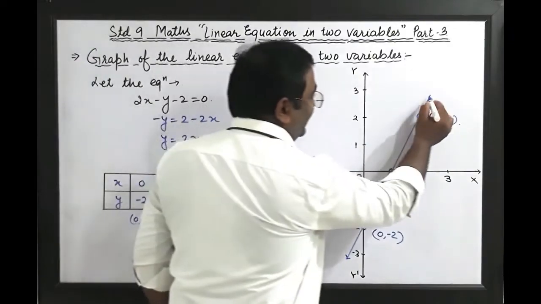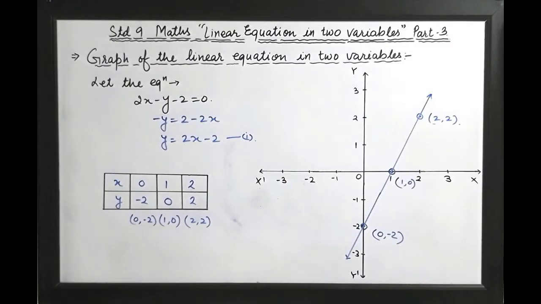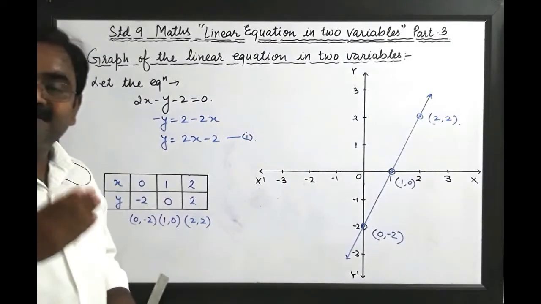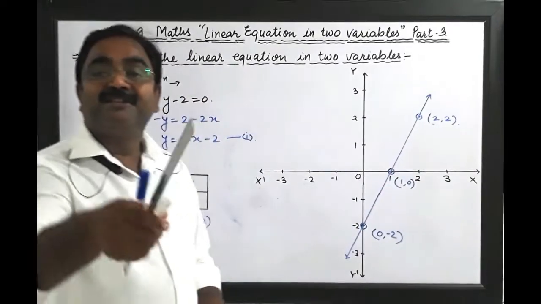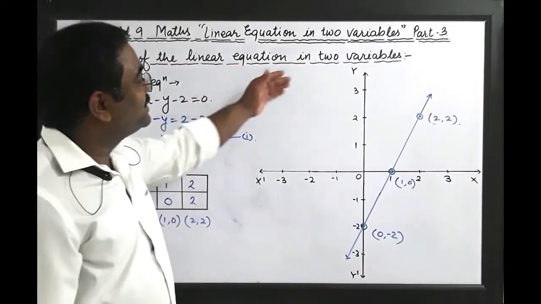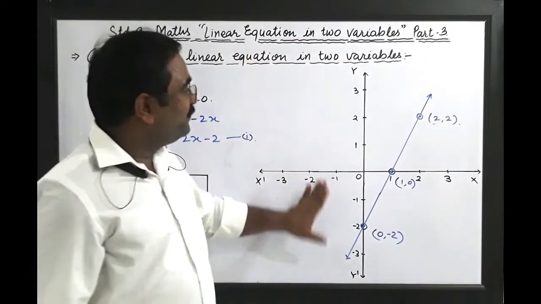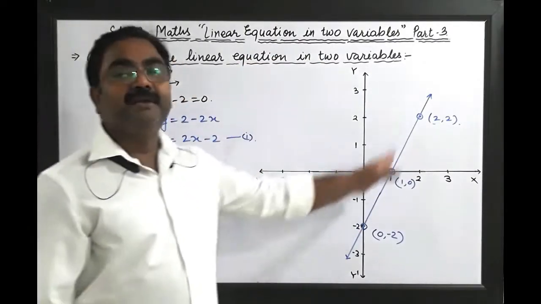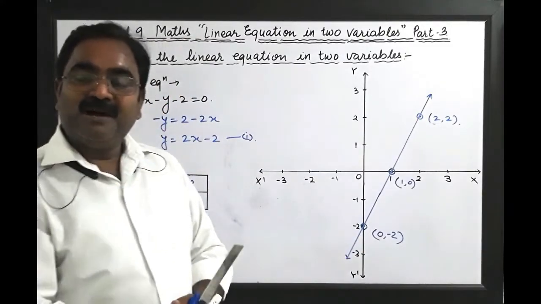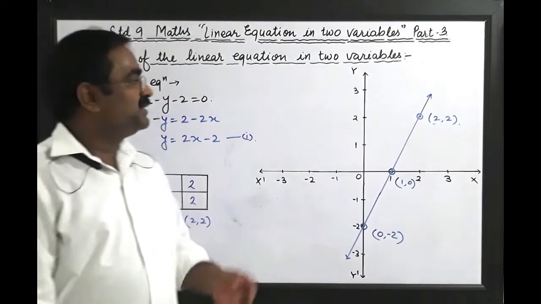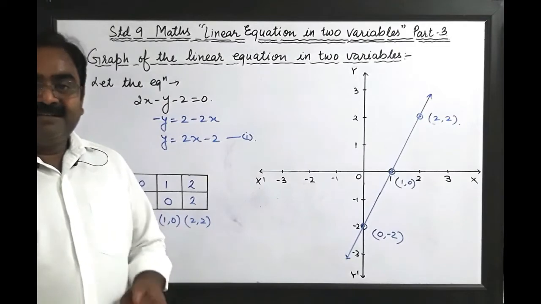When you join these 3 points, you will get a line, and this line is a straight line. That's why this equation is called a linear equation. It means the graph of this equation will be a linear line, or you can say a straight line. So children, you must have understood the reason why this equation is called a linear equation.